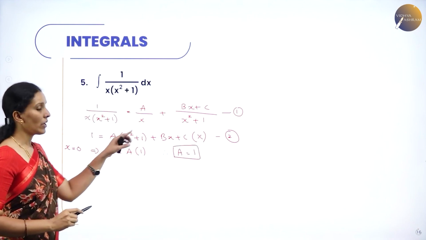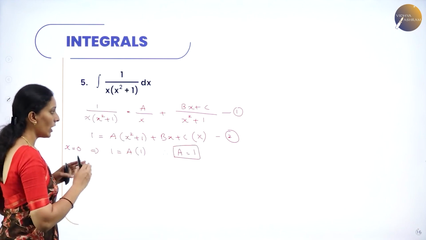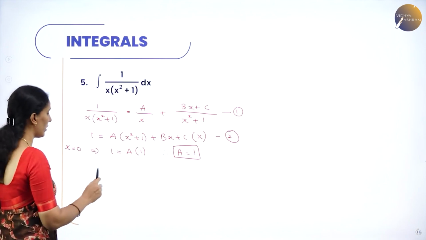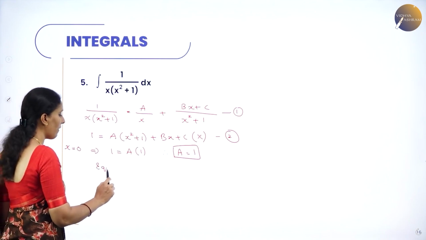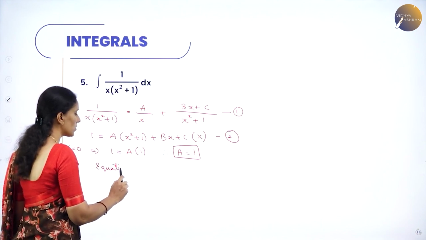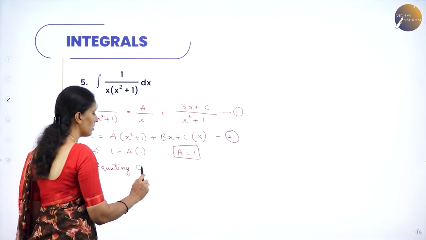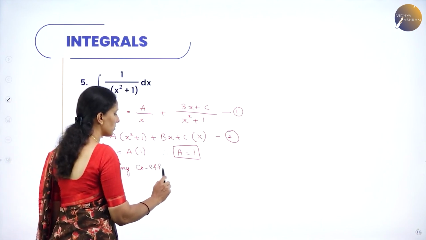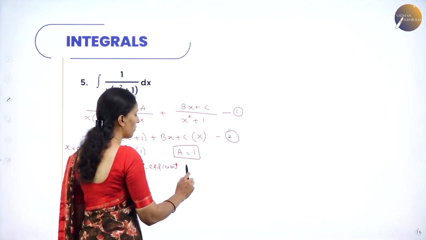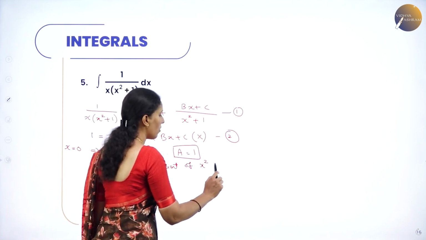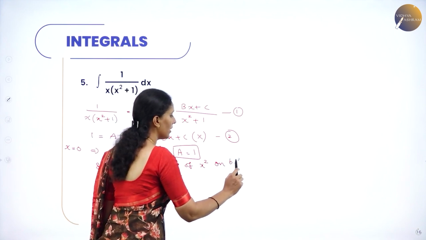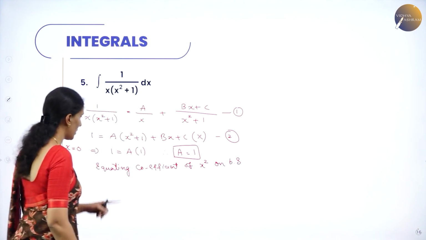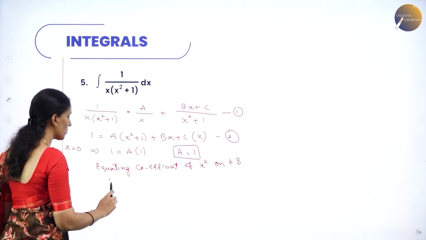Next I don't have any other factors to equate, so let me take the coefficients to equate. If you don't have any other factors, then use this method, equating coefficients of x square on both sides. On the right hand side you don't have anything, so 0.